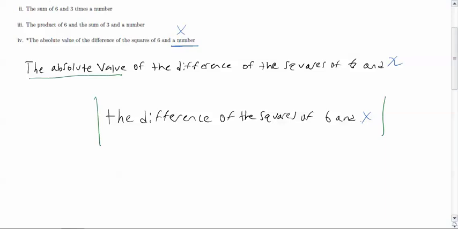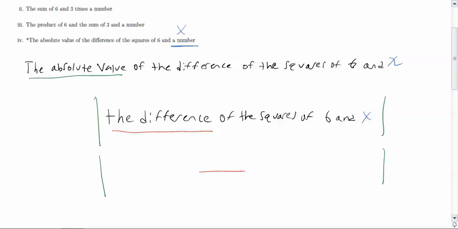Okay, next thing. We have a difference. The difference. This means we're going to be subtracting two things. What are we subtracting? Well, we're subtracting the squares of 6 and x.